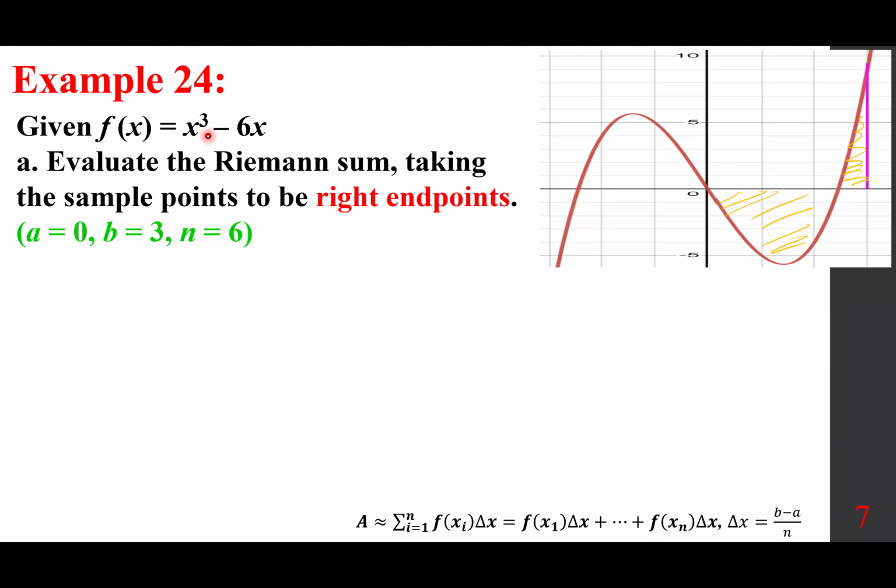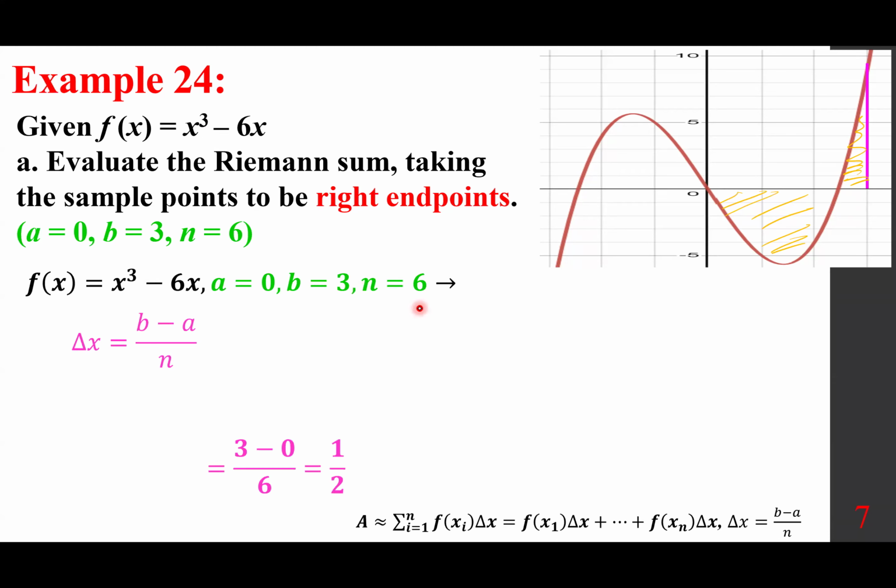here's the function. A is 0, B is 3, N is 6. So delta x is B minus A over N, 3 minus 0 over 6, or 1/2.